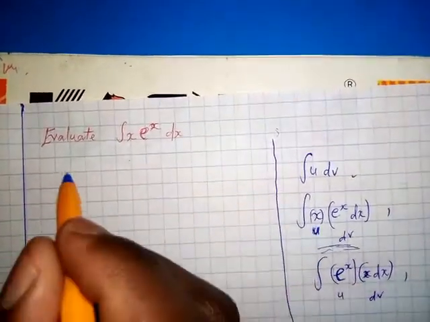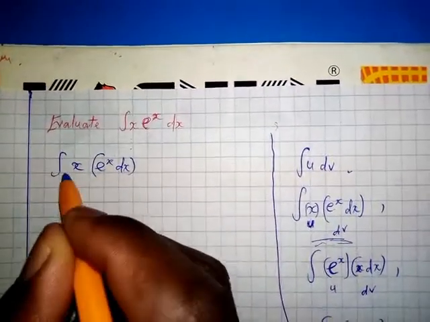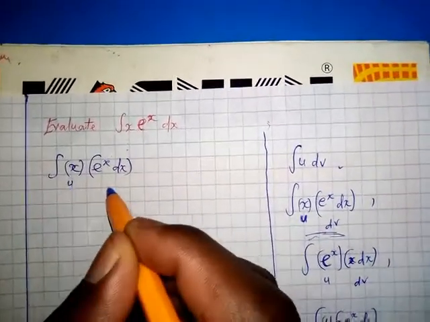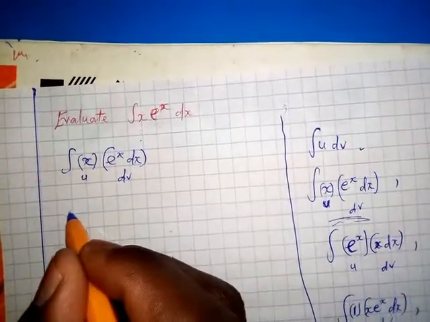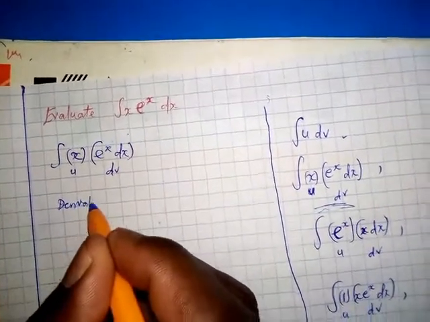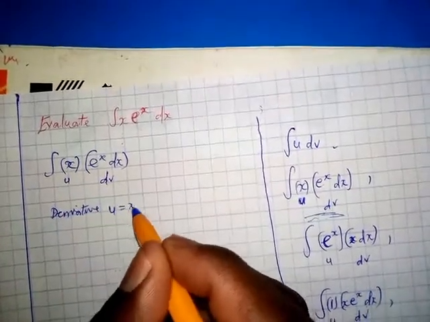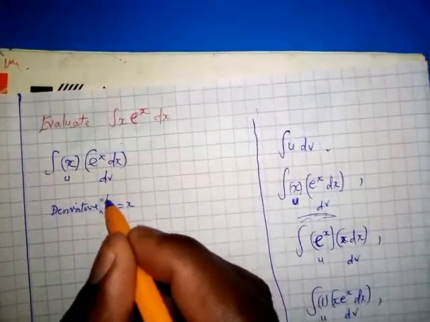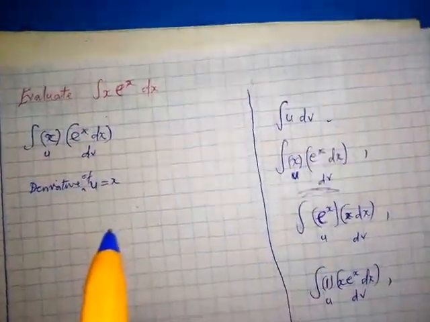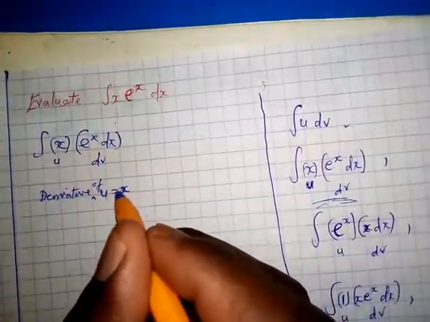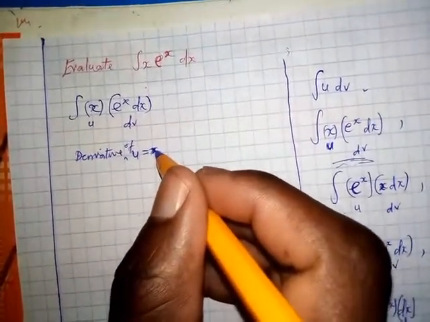I will prefer this x e^x dx for x to be u, then this one to be dv, because the derivative of u, remember u is equal to x, is simpler than x. Remember when we differentiate x, we get 1, right?